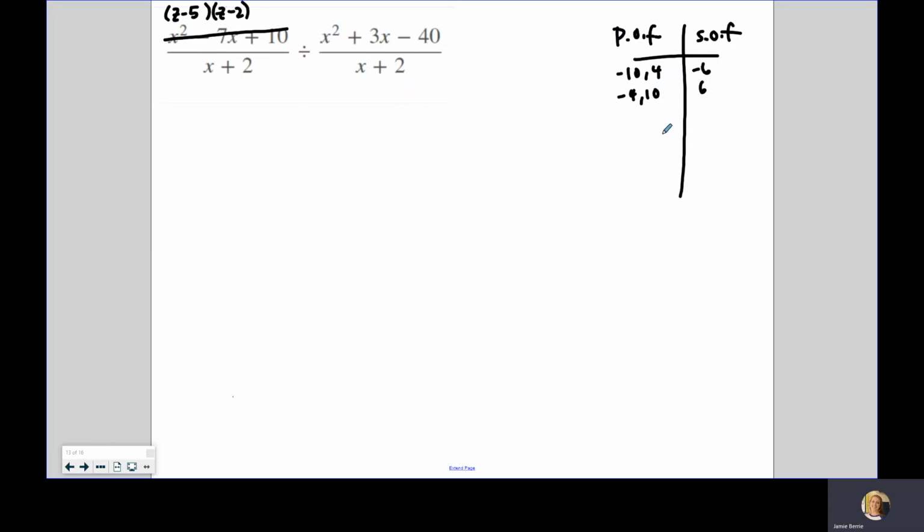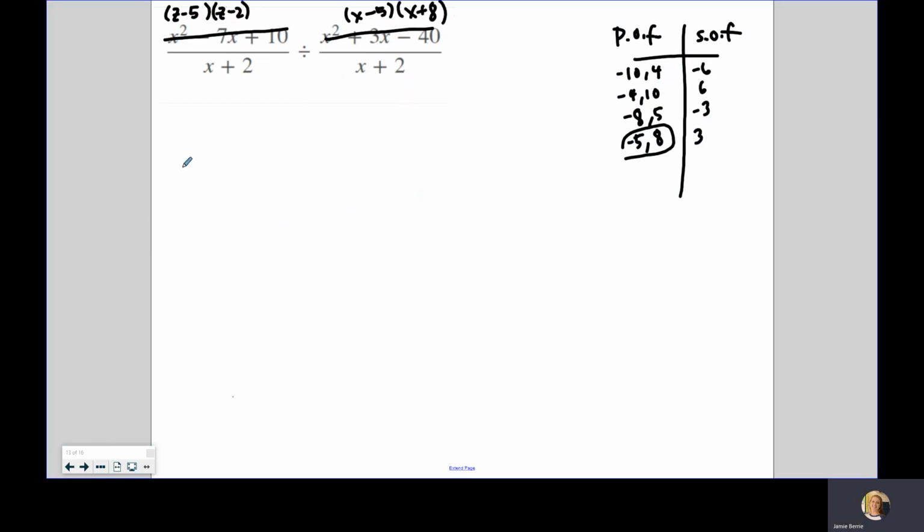All right, so let's think of some other ones. Factors of 40, 5 and 8. So you could do negative 8 and positive 5, or negative 5 and positive 8. Negative 8 plus 5 would be negative 3, so we're close. 8 minus 5 will give you positive 3. So there are our factors. So that's going to factor into x minus 5, x plus 8.